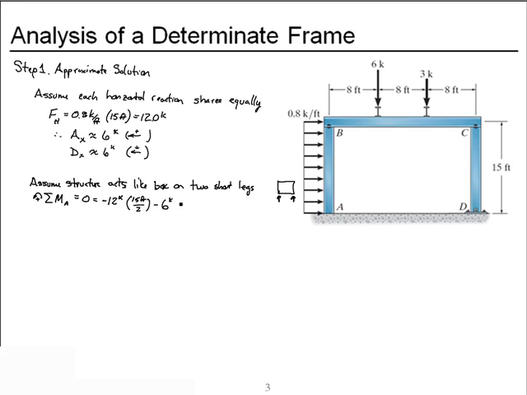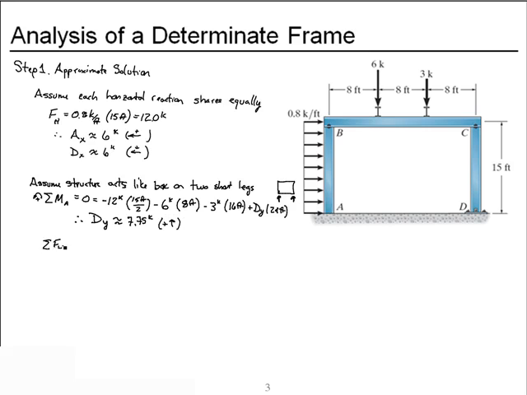We're going to have the 6 kips acting through 8 feet, the 3 kips acting through 16 feet, and Dy acting through 24 feet. Putting that together, Dy equals about 7 3/4 kips, acting up.